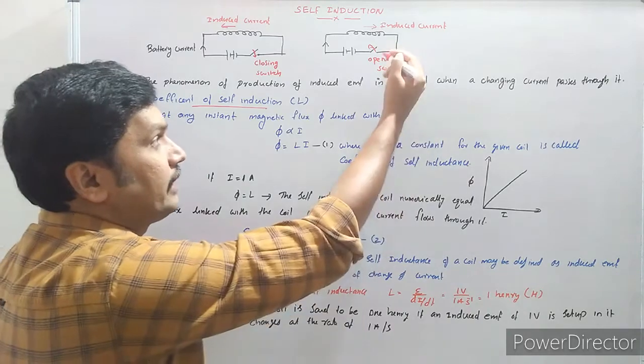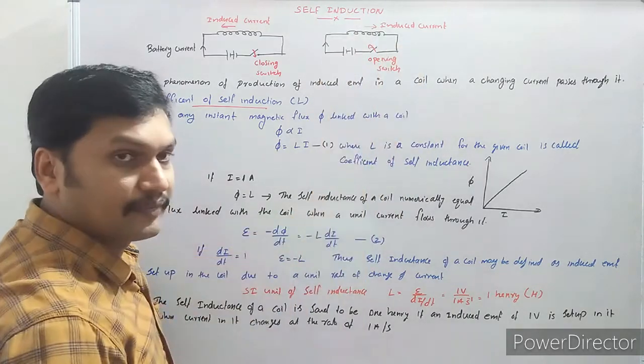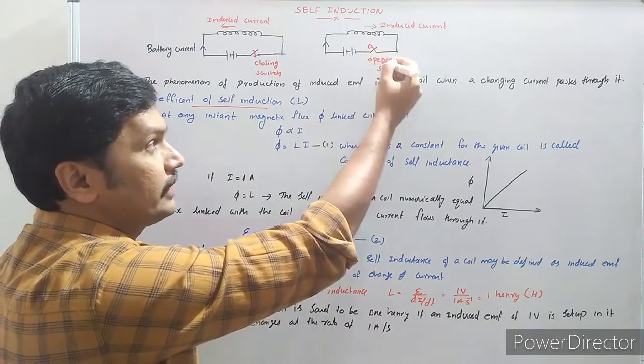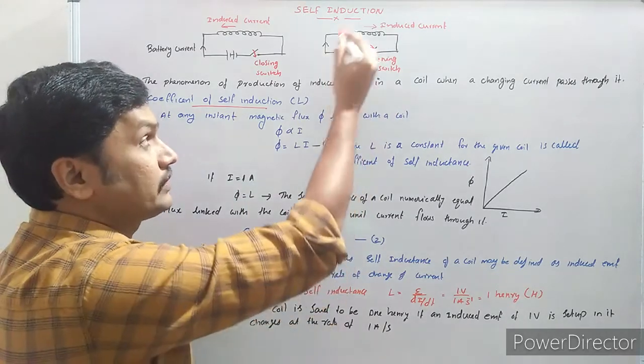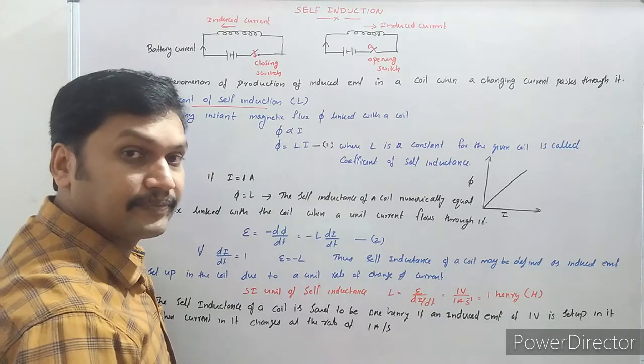Suppose after that we release the tap key. Once we release the tap key, we are opening the switch. So what happens? The current flowing through the circuit stops suddenly.